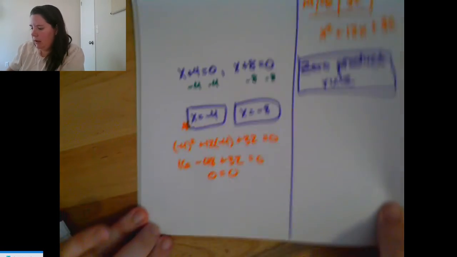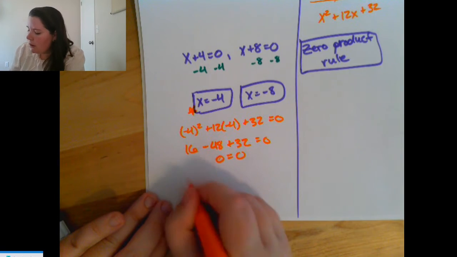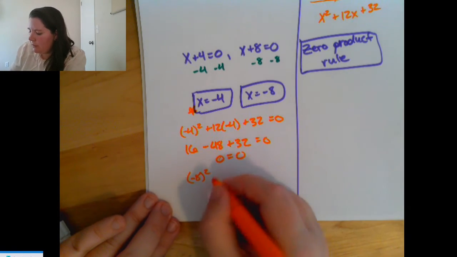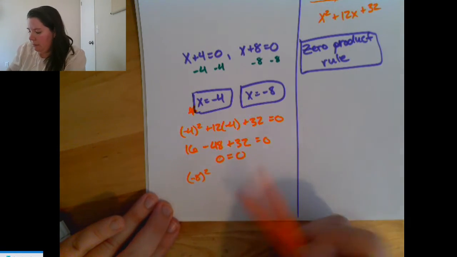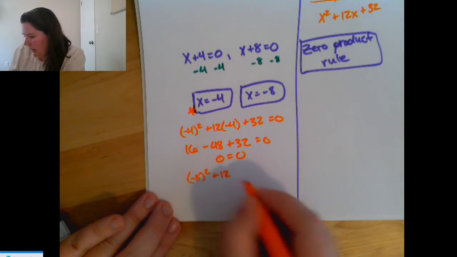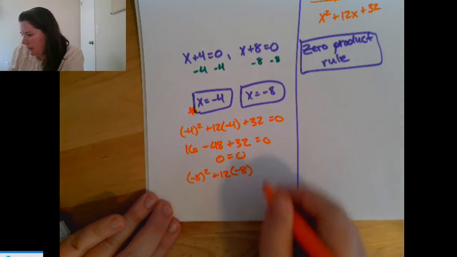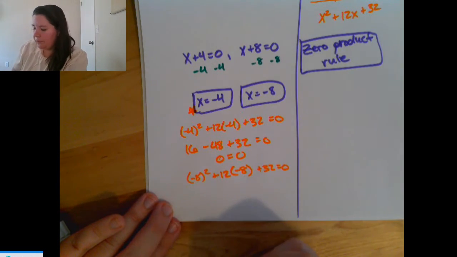Let's scoot this up a bit. The same can be done. We can check our other solution here. -8. Again, I'm just taking my x value that I think is correct, and I'm plugging it into the original equation. Wherever I see an x, that becomes -8. Here we go.